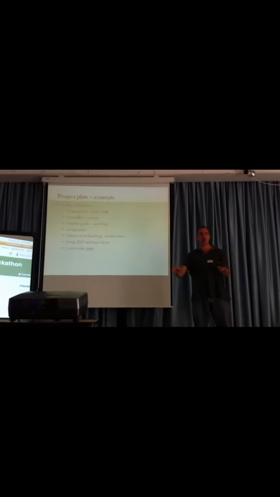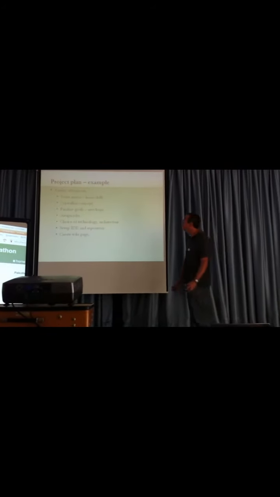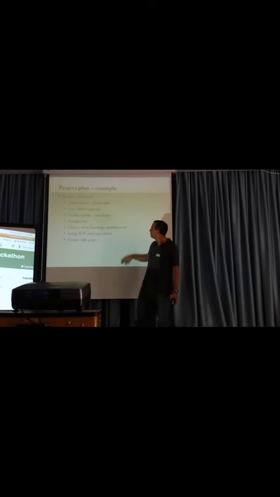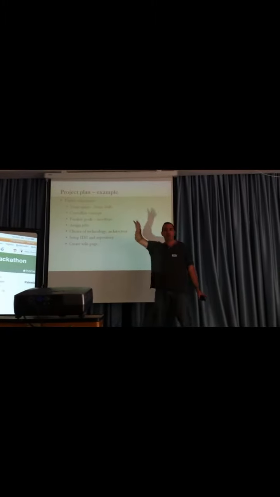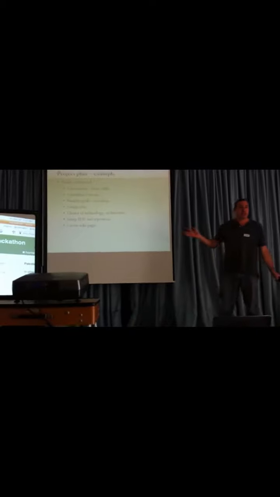Get a pen and paper or a paint program and sketch what your project will look like tomorrow. Assign the jobs to the members of the team, choose your technology and the architecture, set up the repository, and create a page on the Hackathon wiki for your own project. And you may not start coding today necessarily.